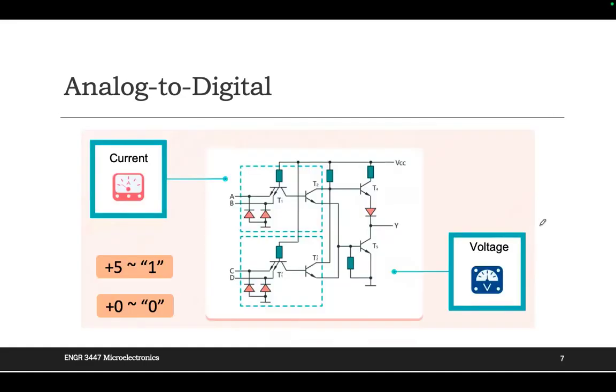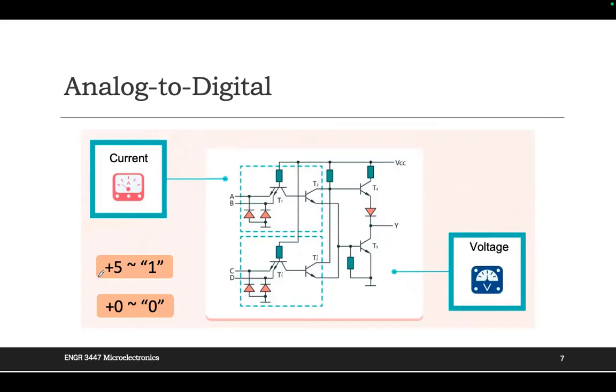And then you can see this one. This one is about how we can produce 1 and 0 in a circuit. Actually, we talk about this in microelectronics. This is a specific circuit, a transistor-transistor logic TTL circuit. We can use this circuit to transfer the voltage to digital.